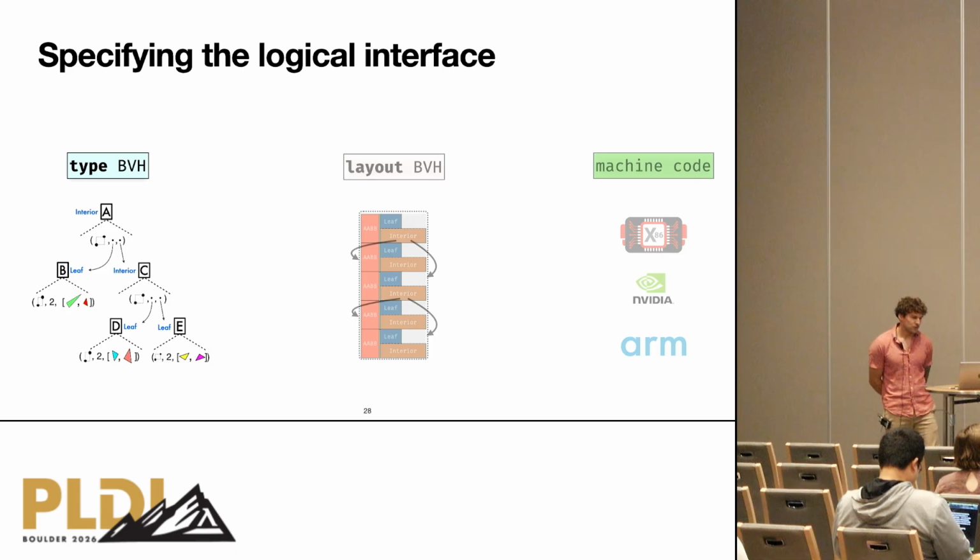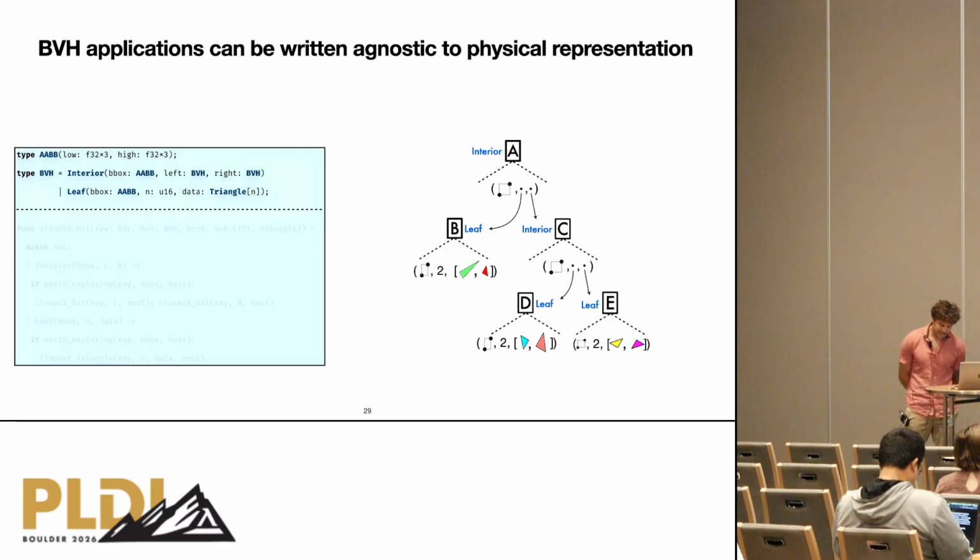Okay, so now we'll talk about each of these components in a little bit more detail. So first, we need a way to actually specify a logical interface. And so we have this type BVH. And a key insight of this work is that when we're writing algorithms for spatial queries, we don't actually have to make any assumptions about the physical representation of the BVH. So here we specify a very simple BVH as an ADT. We have the type AABB, which is represented as 2 points in space, the lower and upper corners.